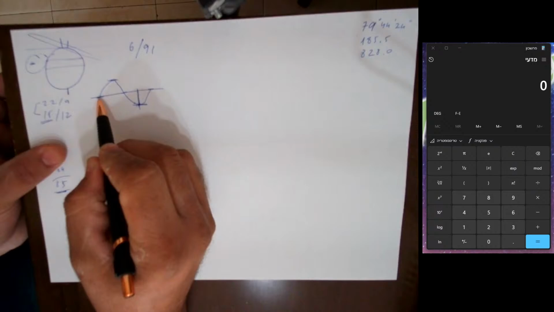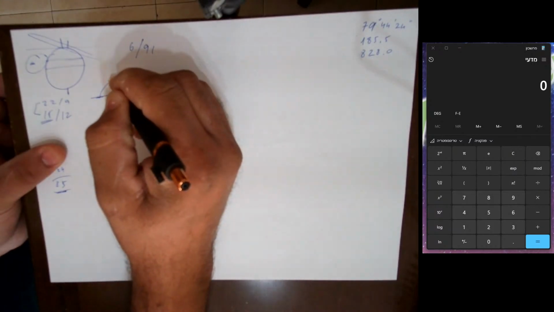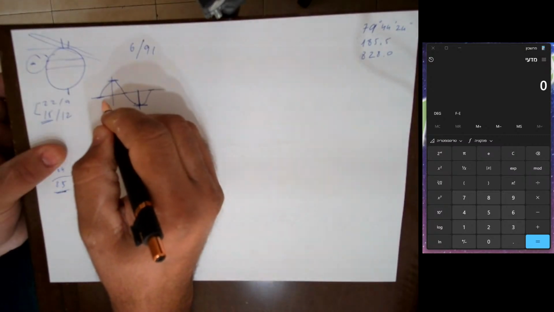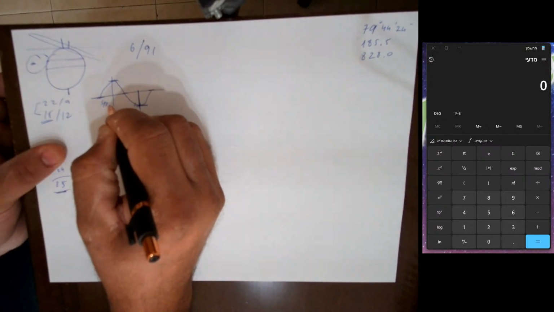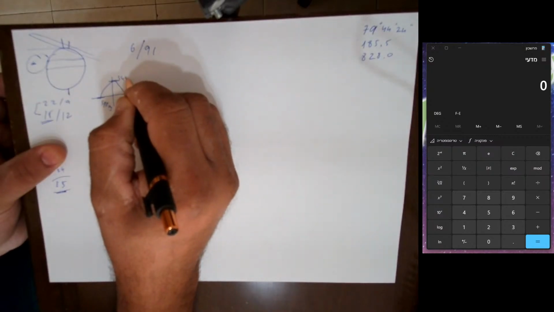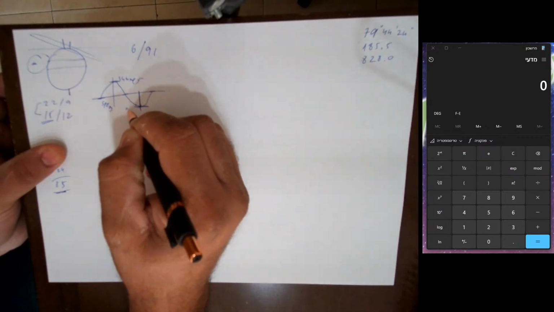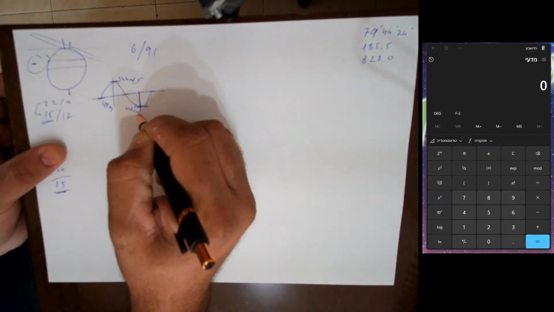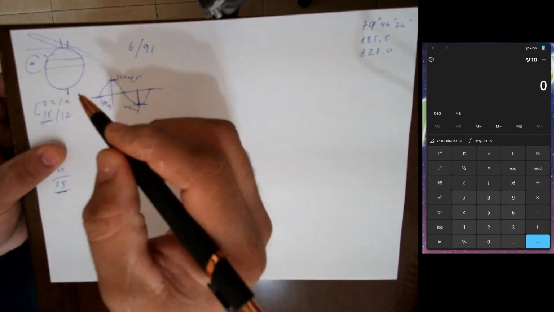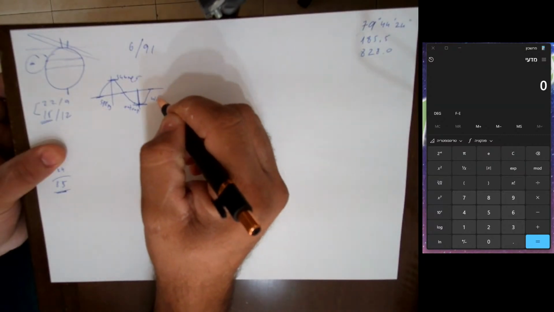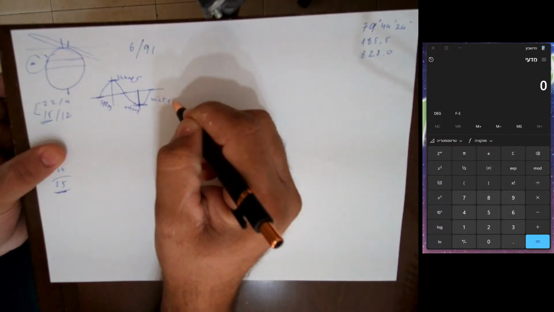So we know it's a sine. If we start from here, where this is spring, this is summer, this is autumn or fall, depending how you write it, and this is winter. We're almost here.